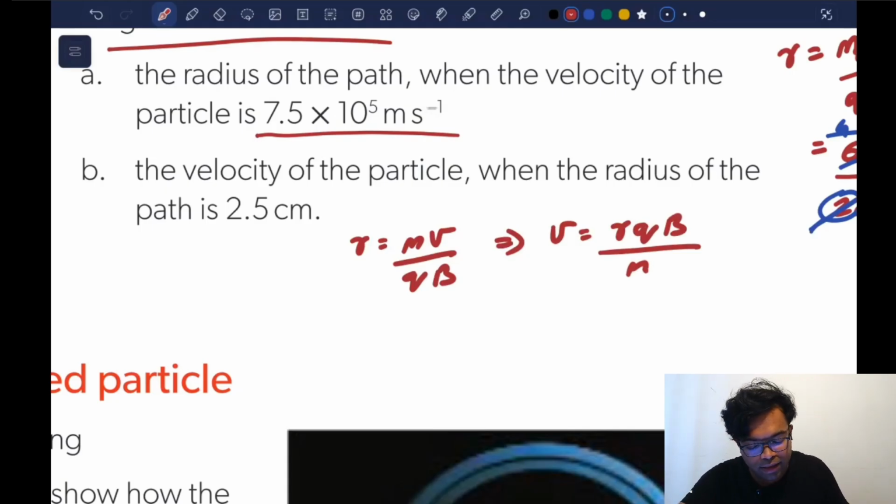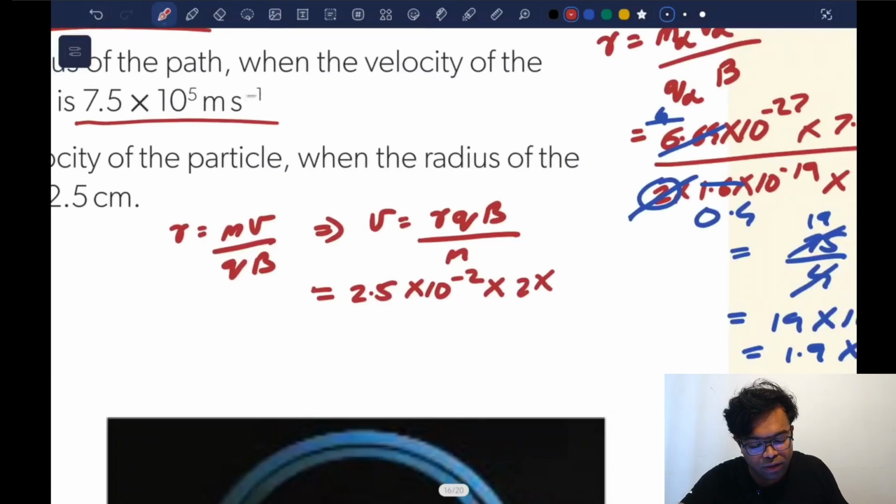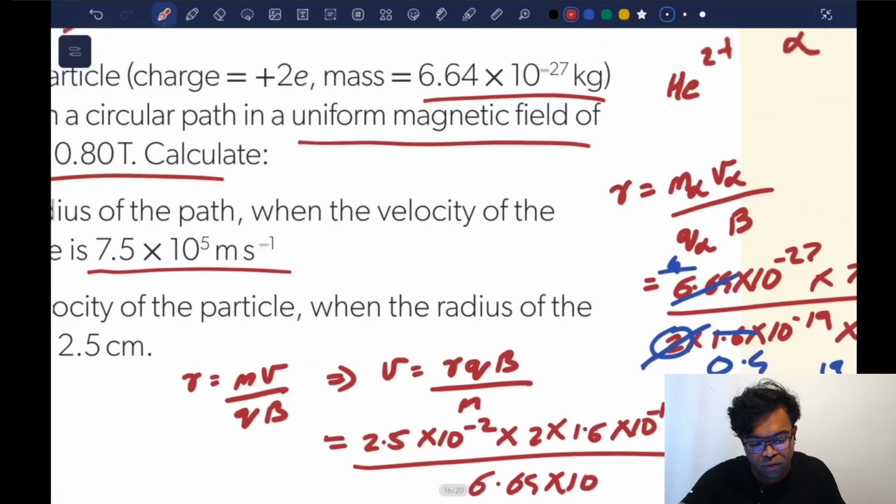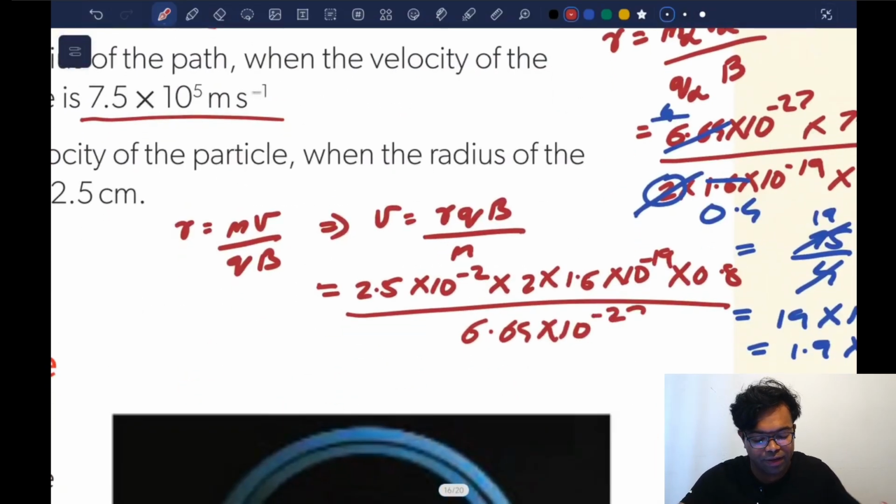Okay, so radius is how much? 2.5 into 10 to the power minus 2, multiplied by 2 into 1.6 into 10 to the power minus 19 into 0.8, upon the mass, 6.64 into 10 to the power of minus 27.